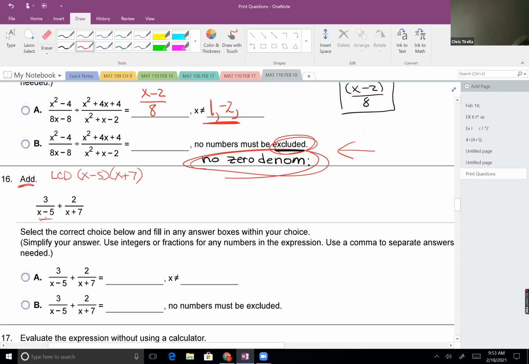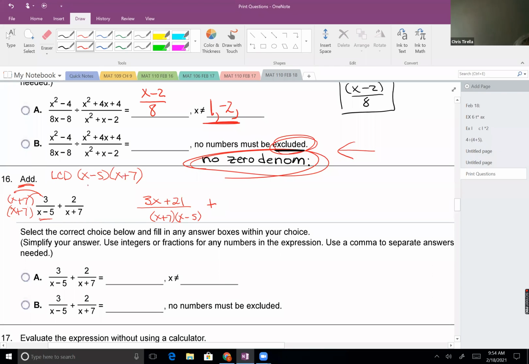When I look at this denominator, it's missing the factor of x plus 7. So I'm going to multiply that numerator and denominator by x plus 7. Distributing the numerators gives me 3x plus 21. And the denominator is x plus 7 times x minus 5.